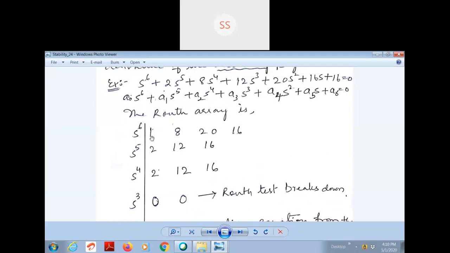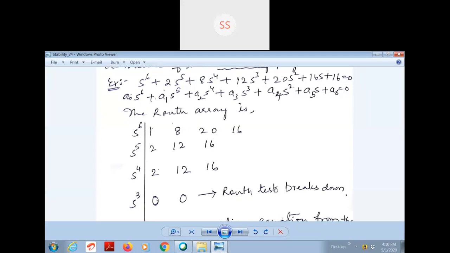So a0 is 1, a2 is 8, a4 is 20, and the last a6 is 60, just by comparing with this equation. Then the second row starts with a1, then a3, then a5. So a1 is 2, a3 is 12, and a5 is 60. Once we have written the s to the power of 6 row and the s to the power of 5 row, we will calculate the other values in the next row.